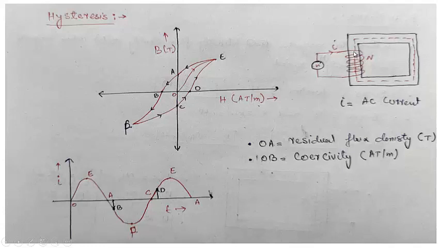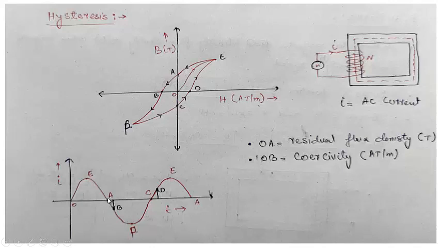You might have seen this when we magnetize an iron nail and take the magnet away, and we touch that iron nail to another iron nail. You might have observed that the iron nail is capable of attracting another iron nail. That is an experimental observation of the residual magnetic flux density.